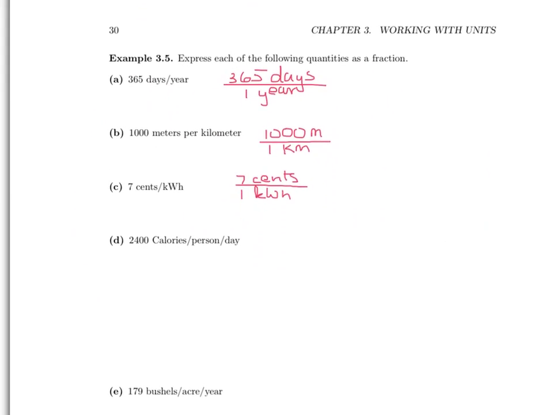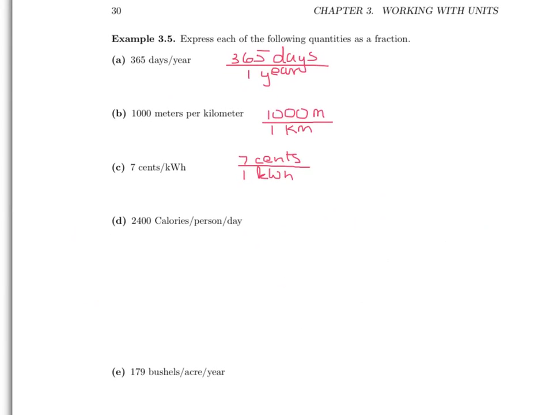Okay, let's have a look at part D. 2,400 calories per person per day. Again, every time you see the fraction bar, you can read it as the word per, or you can read it as the expression for each. So we could also say 2,400 calories for each person for each day.